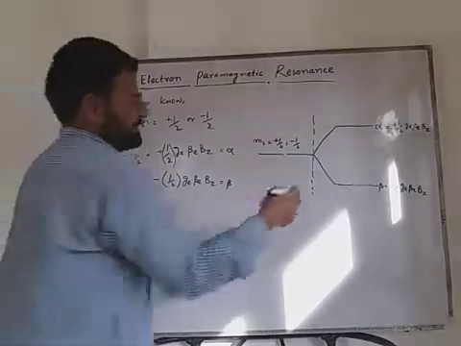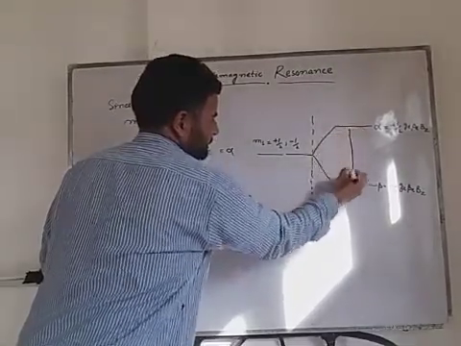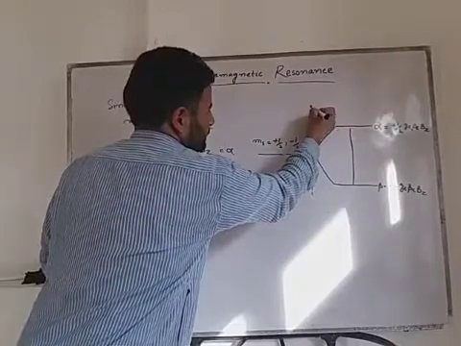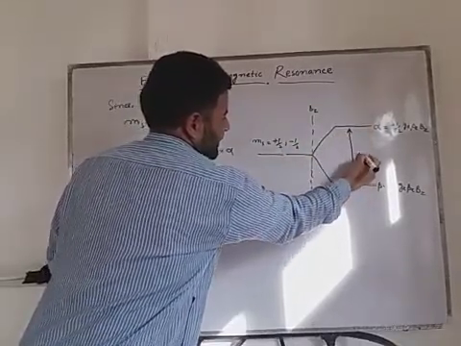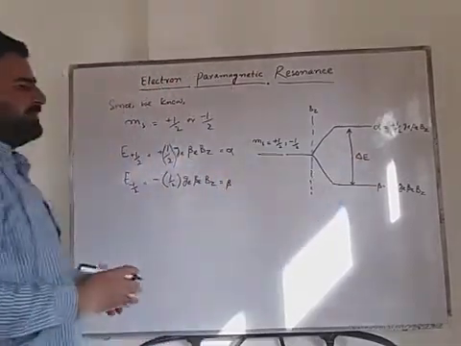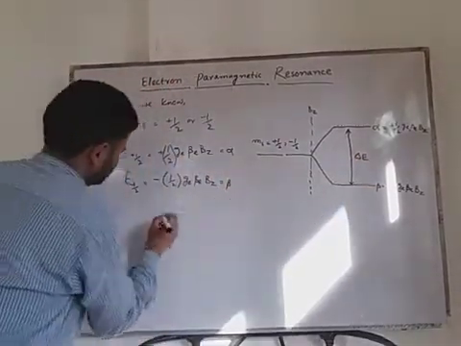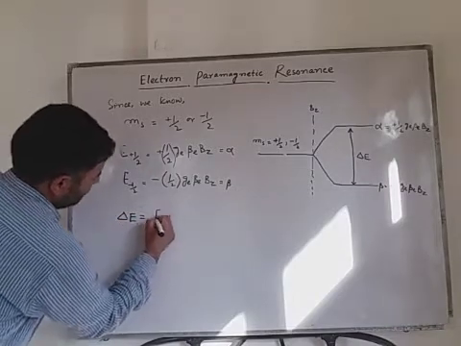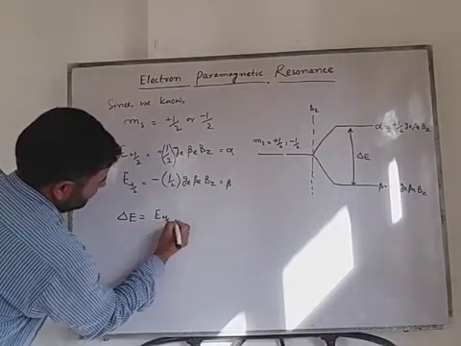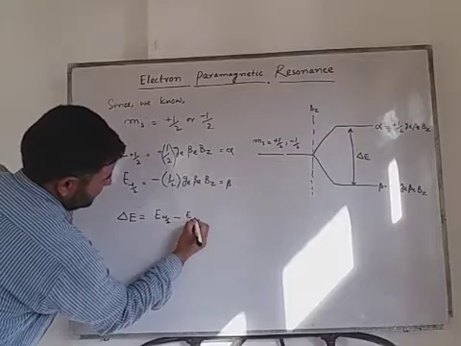And the difference between these two energy levels, that is delta E, will be given by delta E is equal to E plus 1 by 2 minus E minus 1 by 2.